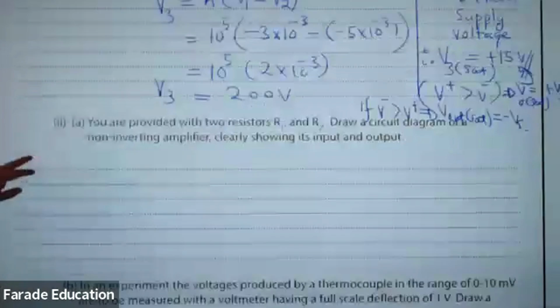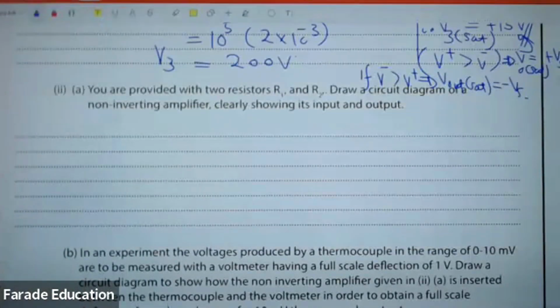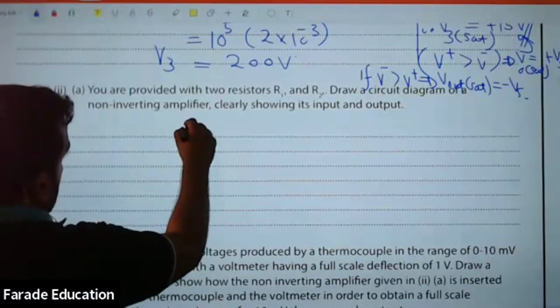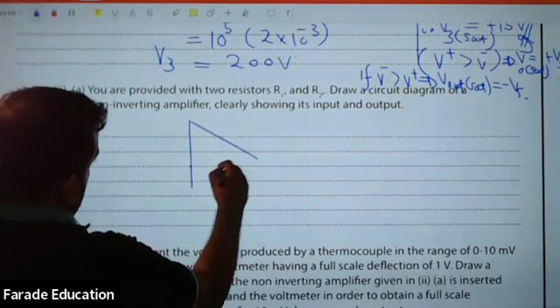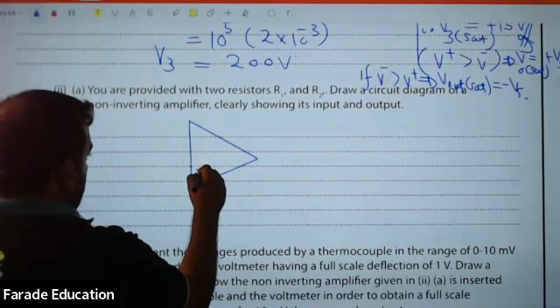Okay. Moving on. You are provided with two resistors, R1 and R2. Draw a circuit for a non-inverting amplifier.